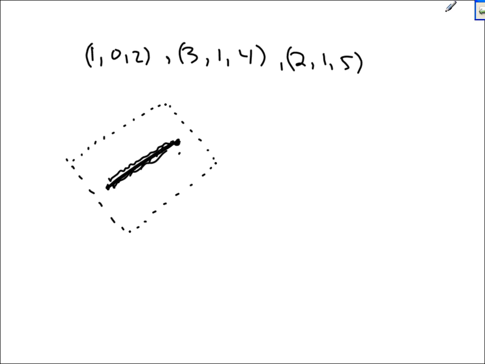Okay, so we put glue. And then we attach the paper to this glued pen. And this paper is a plane.